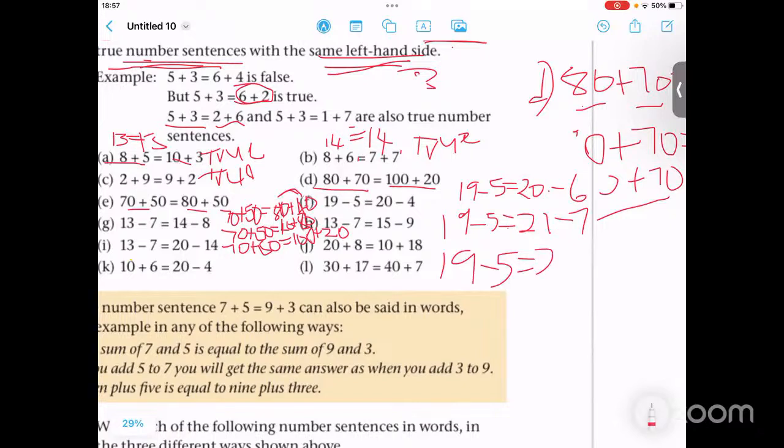You can say 25. And what can we minus 25 with to get 14? 11. So we can minus it with 11. So these are going to be your answers.